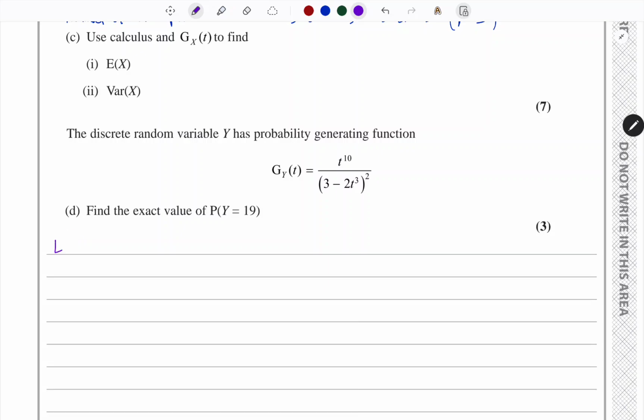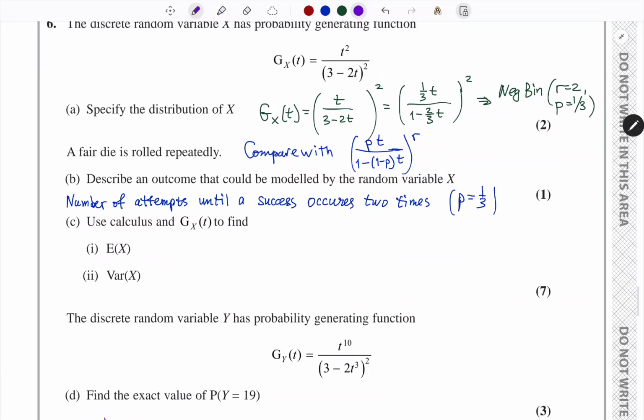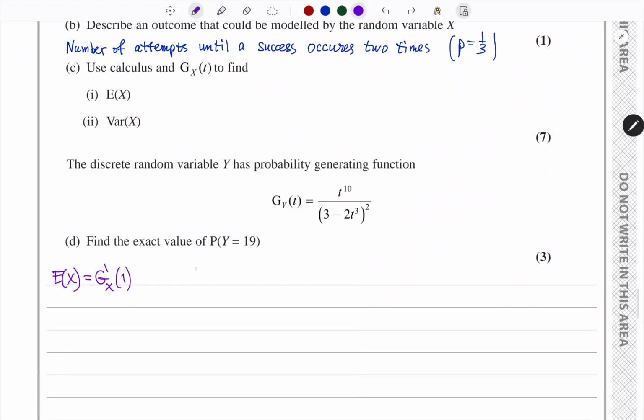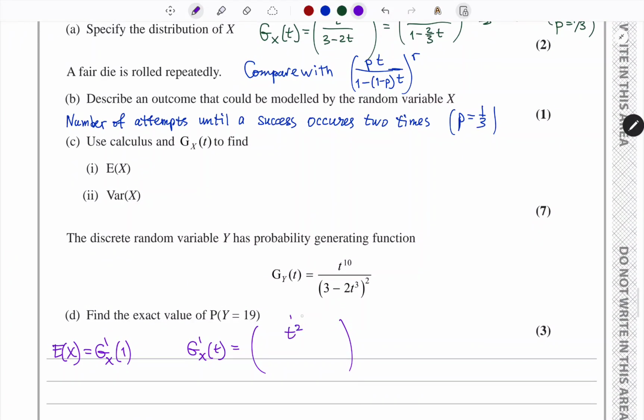So I know expected value of x is the derivative of the probability generating function, calculated at 1. So here is the probability generating function. So I have to differentiate it, g prime x of t. Let's rewrite it because I don't see.